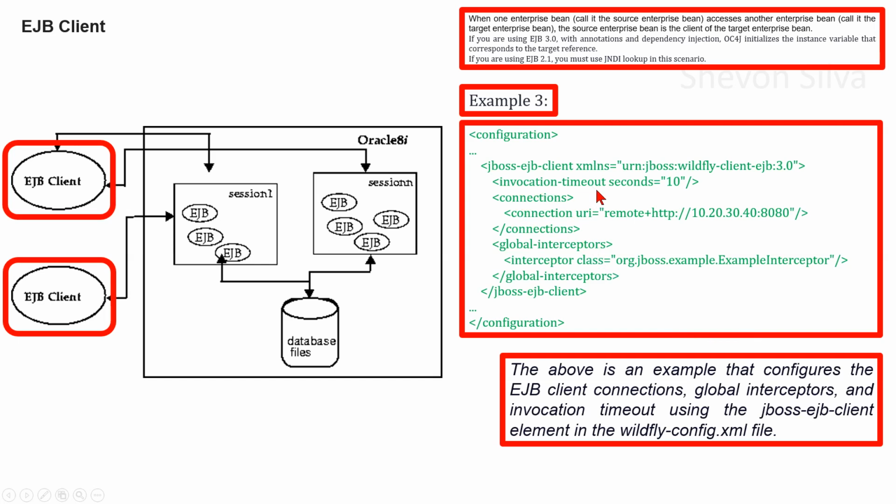It has a seconds attribute, the timeout in seconds for the EJB handshake or the method invocation request response cycle. This attribute is required if the execution of a method takes longer than the timeout period. The invocation throws java.util.concurrent.TimeoutException. However, the server side will not be interrupted.